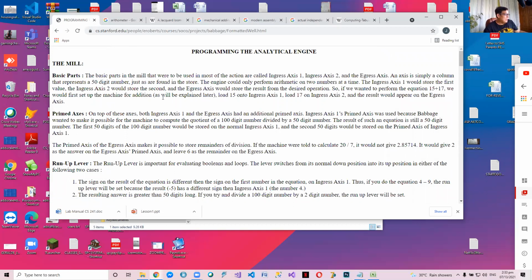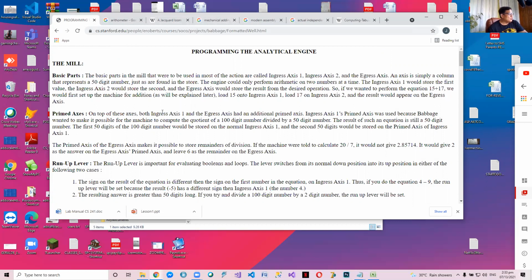So it has a mill. What are the basic parts? It has a prime axis. What's a prime axis? It's like a rotating wheel in the arithmetic unit which can store a number. There are 3 sets of rotating wheels which can store numbers. So they're called prime axis.